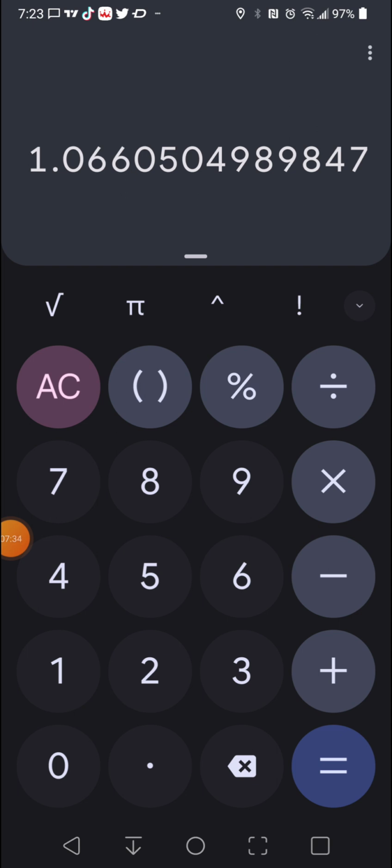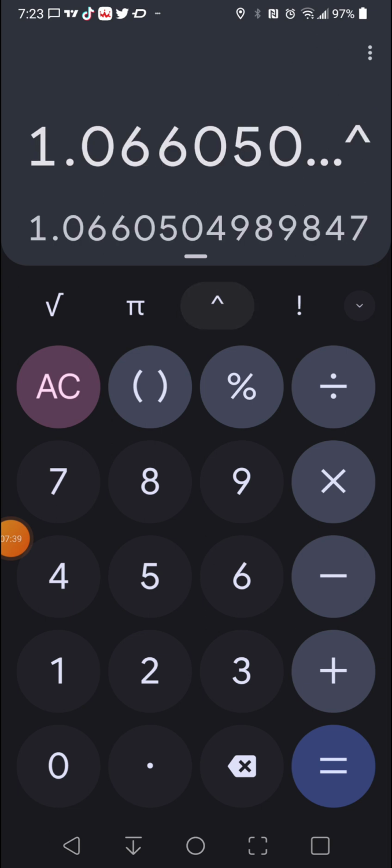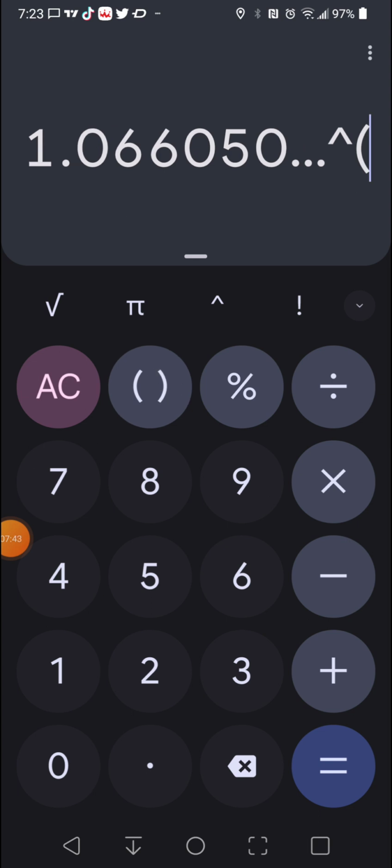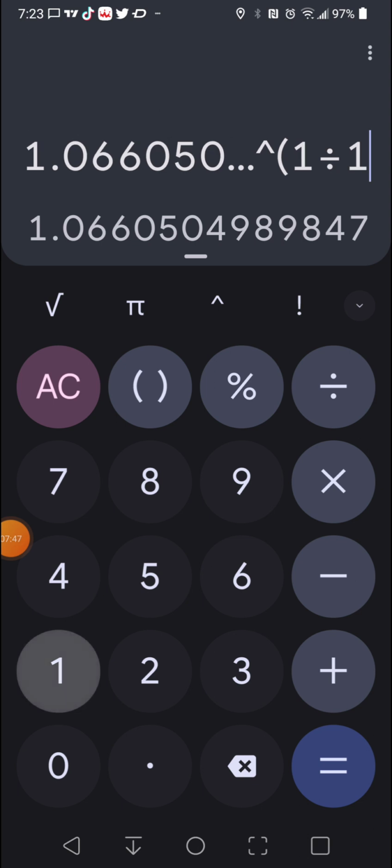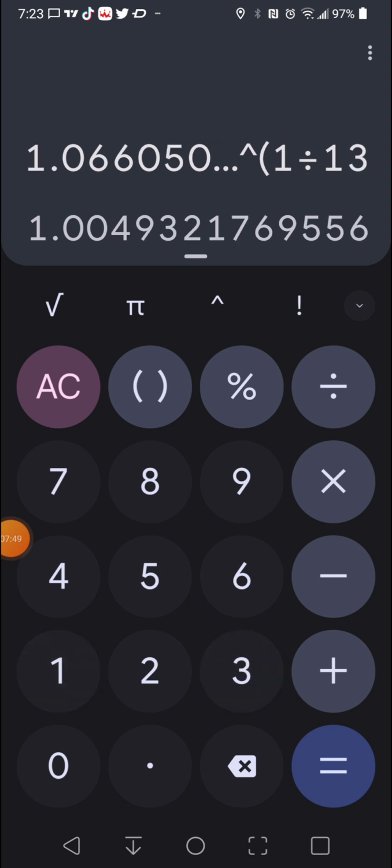You got that amount, and you want to divide that into 13. So you use the raise to the power, open the parenthesis, 1 divided by 13 times a month, which means it's 2.5 days, give or take, maybe a little bit less.